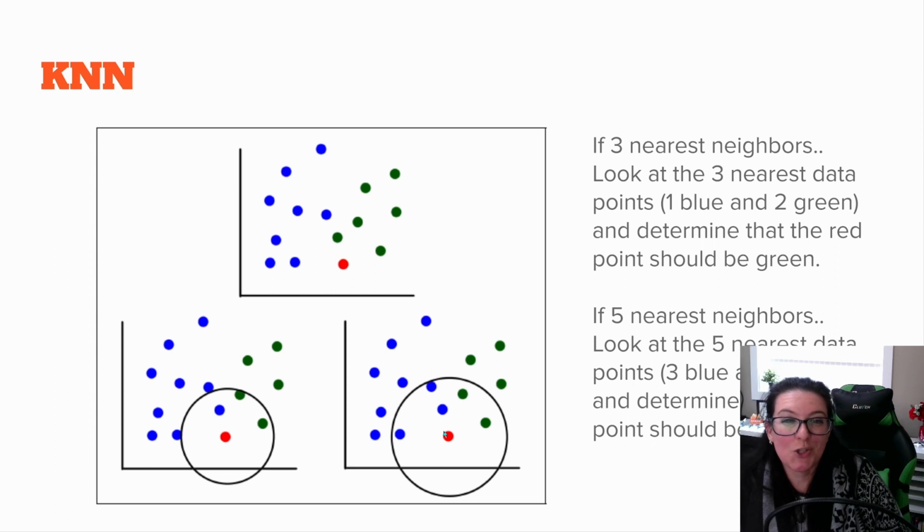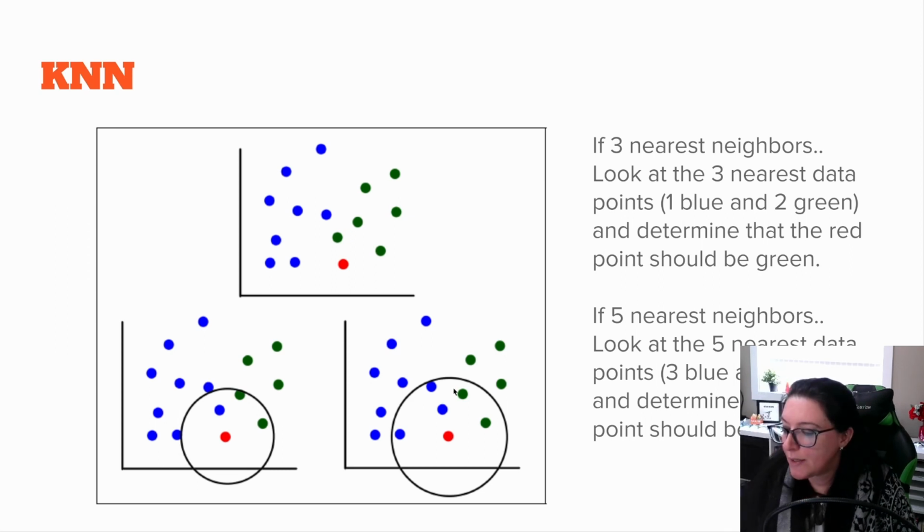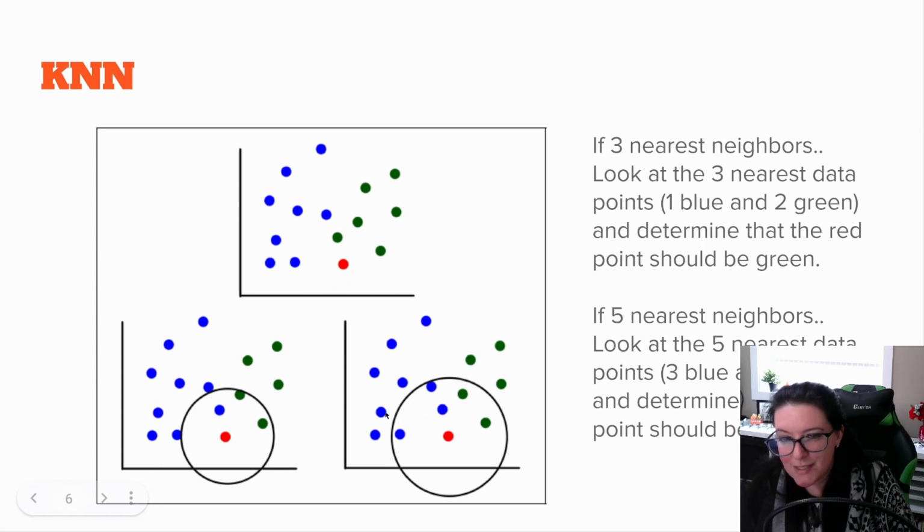One of the decisions you make when you set up a k-nearest neighbors model is how many nearest neighbors you consider. This is really going to determine whether the boundaries of your groups are smoothed out, like a nice straight line, or whether they have a lot of twists and turns.